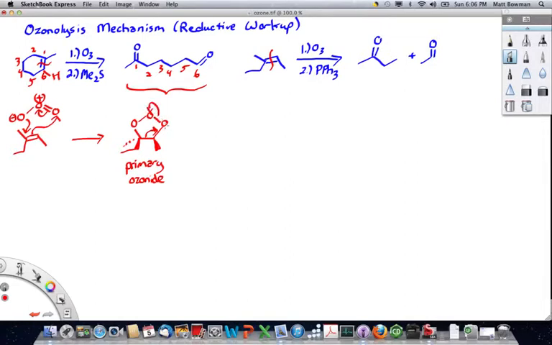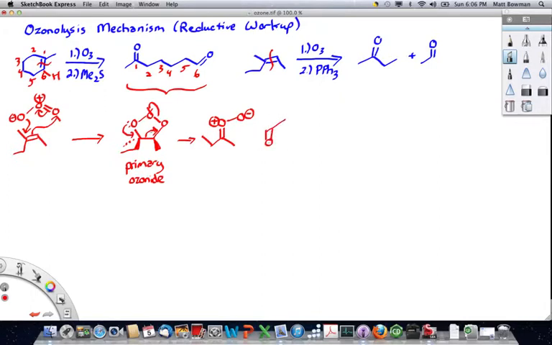The driving force for this reaction is the breaking of this oxygen-oxygen bond. And then a lone pair from this oxygen comes down and completes the cycle. You end up getting this molecule from the left half and this molecule from the right half.